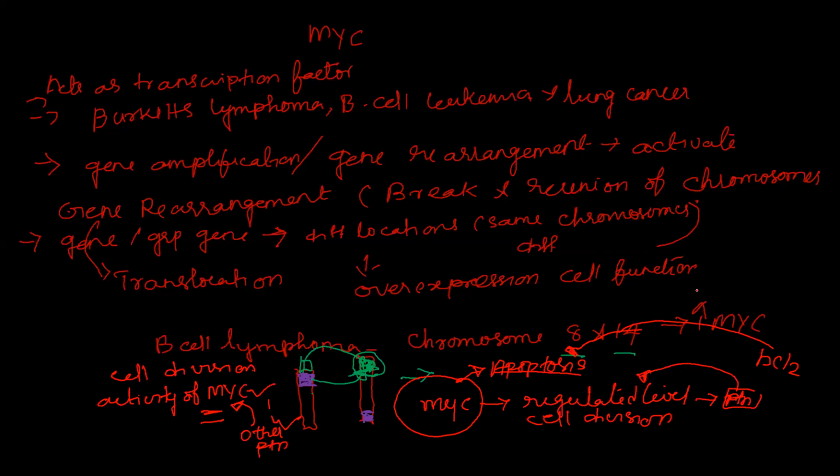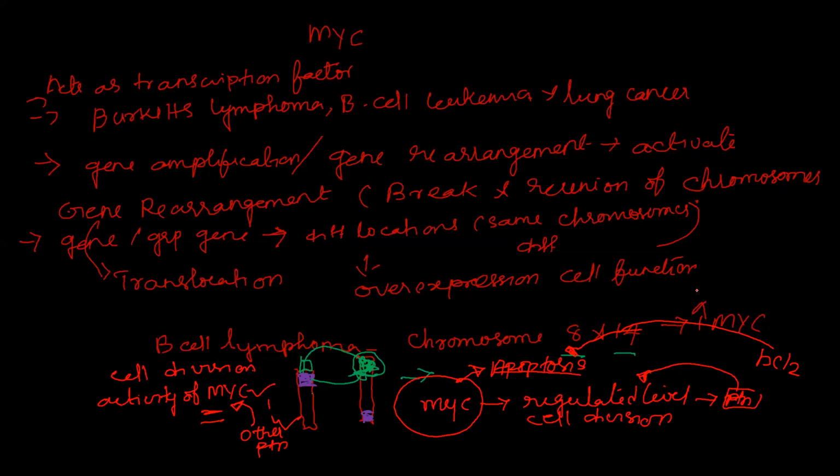Talking about MYC, it acts as a transcription factor. Mostly these mutated genes are found in Burkitt's lymphoma, B-cell leukemia and also lung cancer. The main defect is that they get activated by gene amplification or by gene rearrangement.